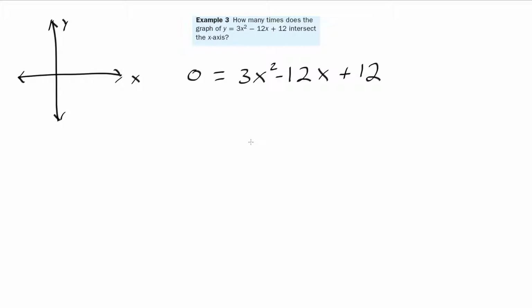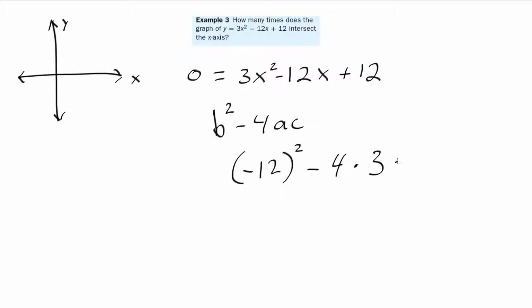If we have that, then we can answer this question. So let's take a look at it. So b squared would be a negative 12 squared, minus 4 times 3 times 12.